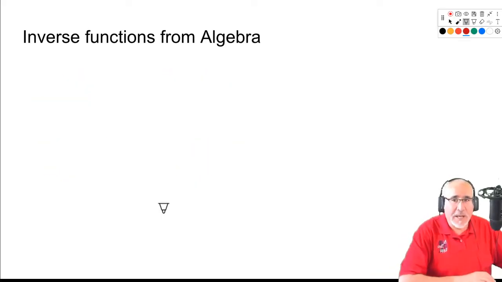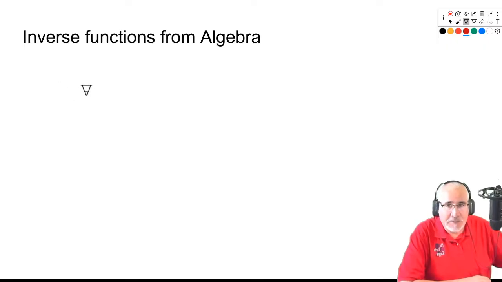So, inverse functions from algebra. In algebra, instead of being equal to, oftentimes we had a function set up as f of x equals something, right? Or y equals 2 plus x. So let's think about how we would go about solving for x.